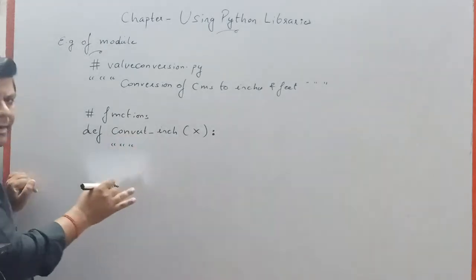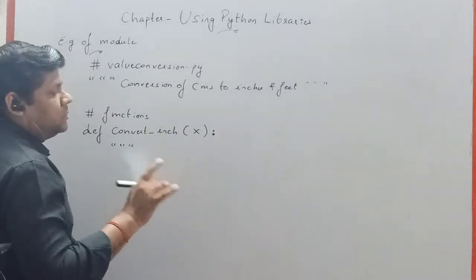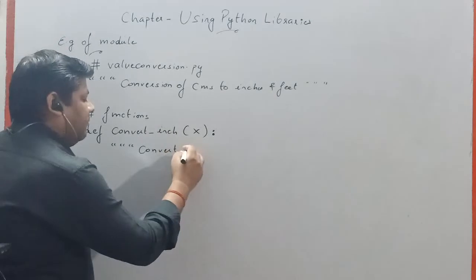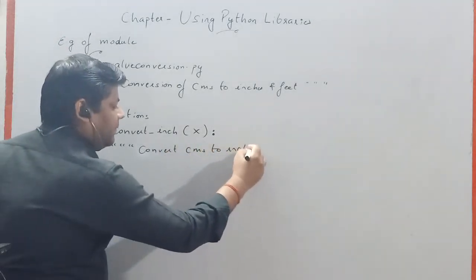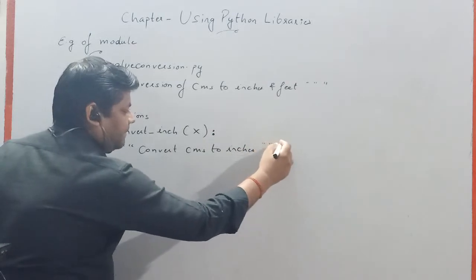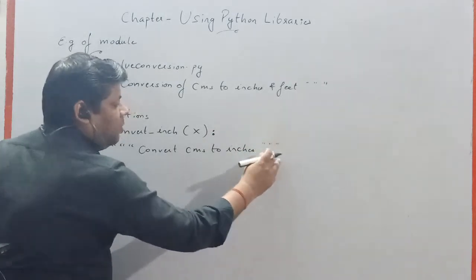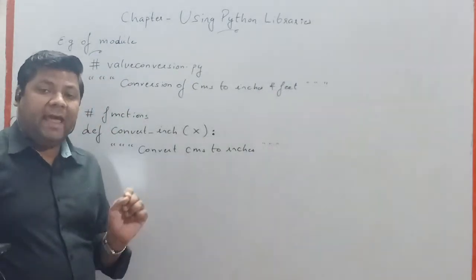It is not necessary that you always use a docstring in a document, but once you have to, use your docstring. What will it do? It will convert centimeters to inches. Don't be misguided by the comments and docstrings. Comments will be neglected and docstrings will be executed.